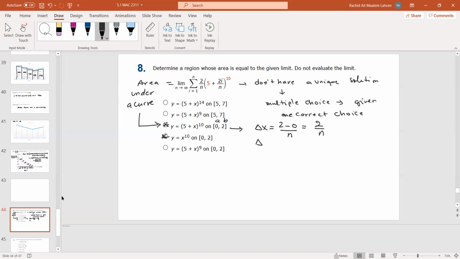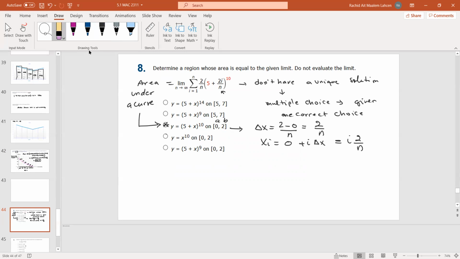Then x_i is going to be that first one, which is the 0 here, which is a, plus i times delta x, and 0 is 0, and i times delta x, we just found, is 2 over n, which is that part.